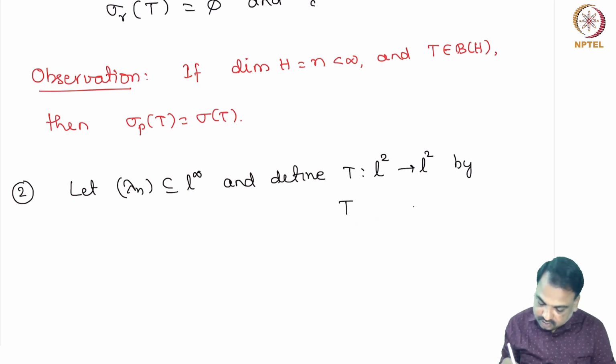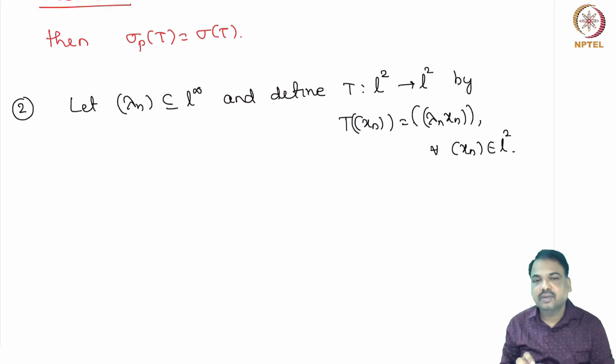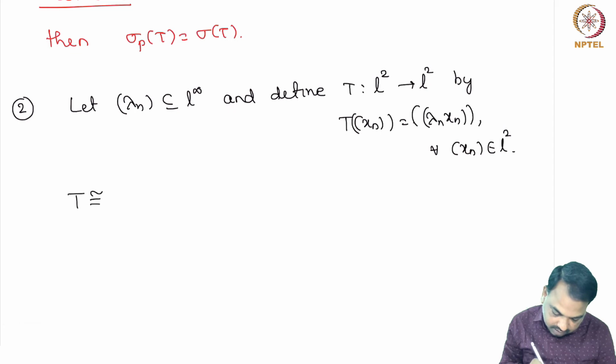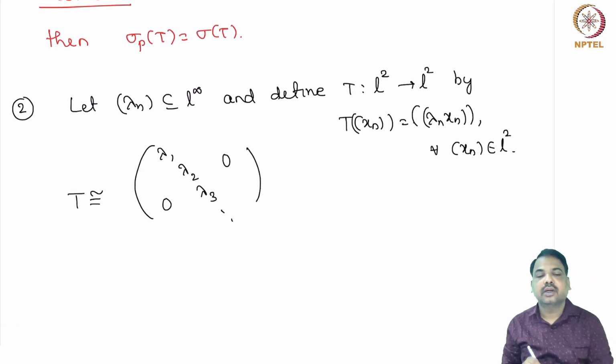So this is T of xn, we can take as lambda n xn for every xn in L2. So this is the diagonal operator that we have seen earlier, that the matrix of T with respect to the standard or the natural basis is exactly the infinite matrix with diagonal entries lambda 1, lambda 2, lambda 3, and so on.